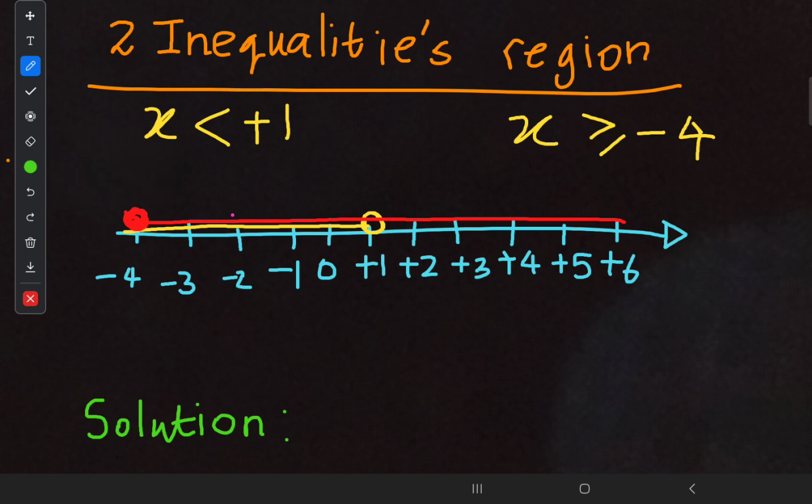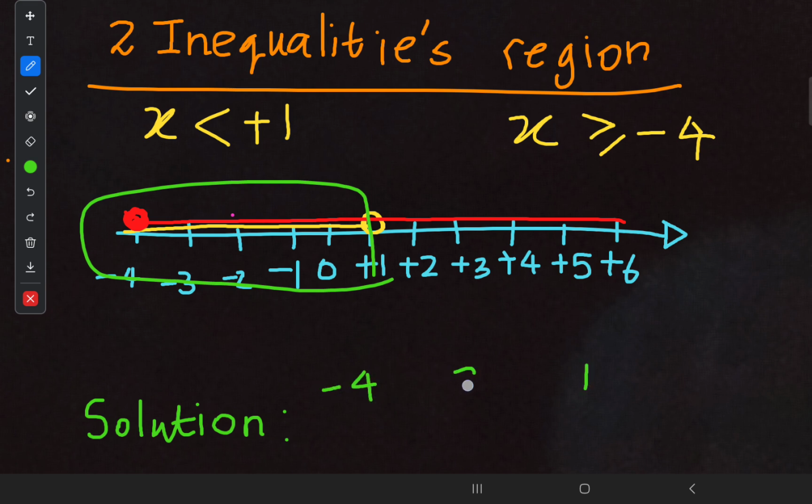So finally, the answer, the resultant region. That means the possible outcomes for both of these inequalities should be in between here, -4 to 1, in between x. What is our highest value amongst these? This is our highest value.